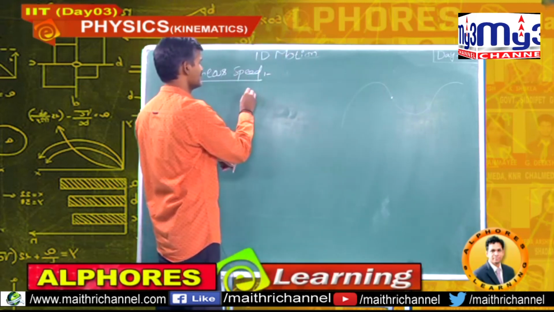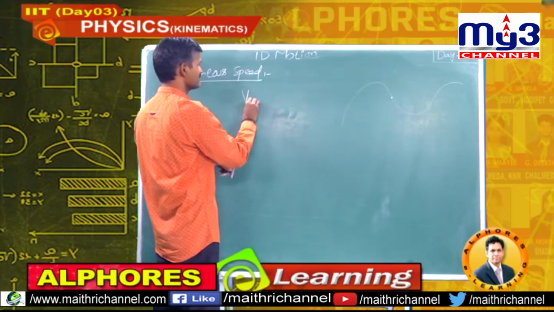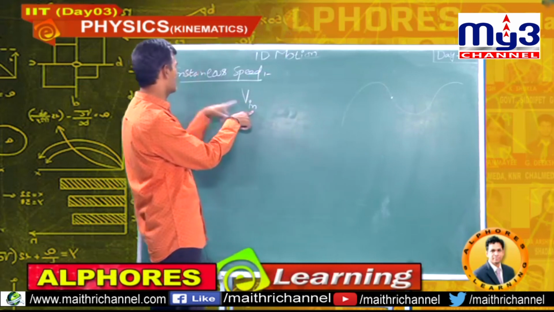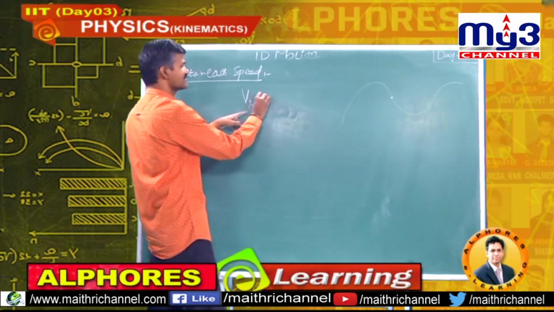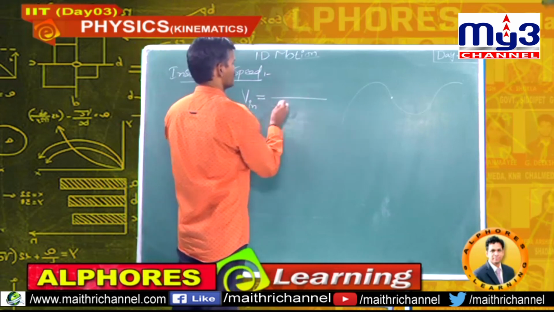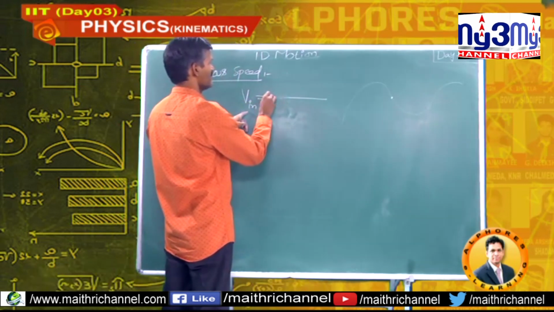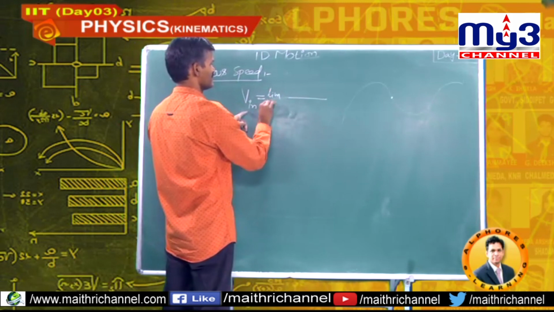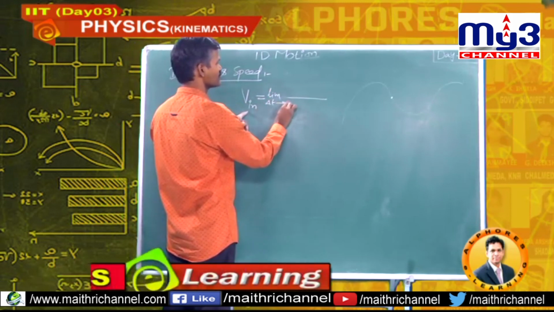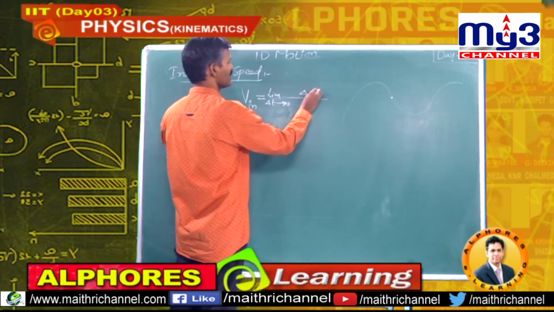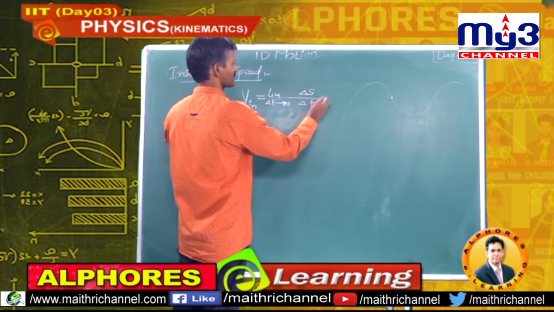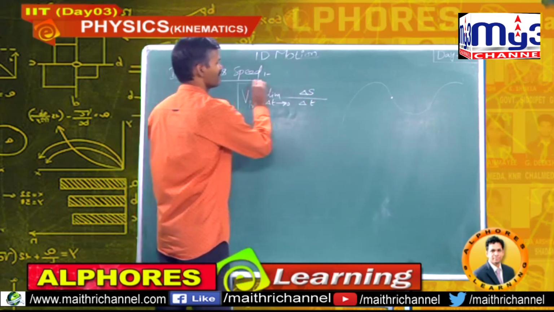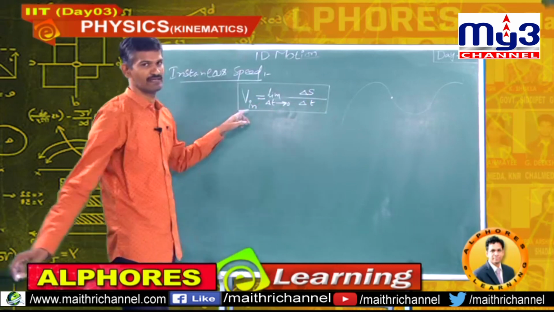Instantaneous speed is defined as V_in, IN being the symbol for instantaneous. This is nothing but the limit as delta t tends to 0 of delta s by delta t. This is the mathematical definition of instantaneous speed.